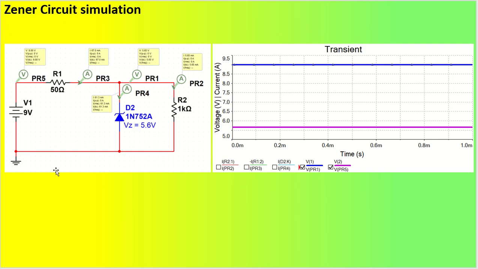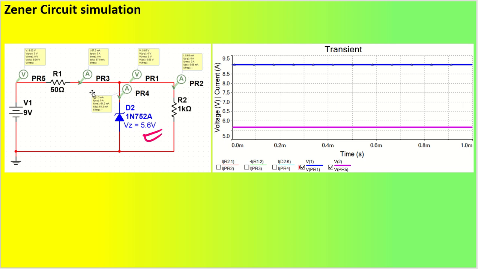So let us say we have a simple circuit. This input is 9 volt and 50 ohm, and this is 1 kilo ohm. You can see this is my 5.6 volt Zener diode. What is going to happen is the input voltage is 9 volt, and the output voltage is regulated to 5.6 volt. Understood?